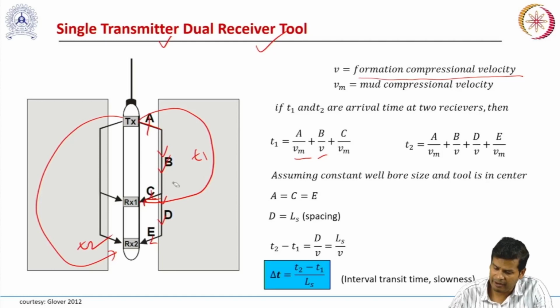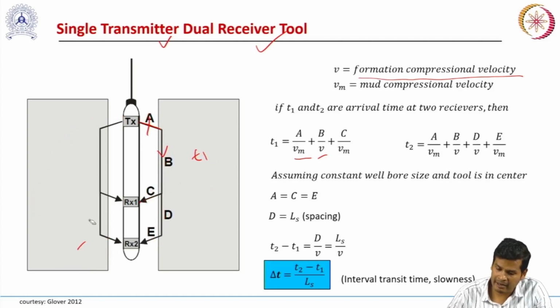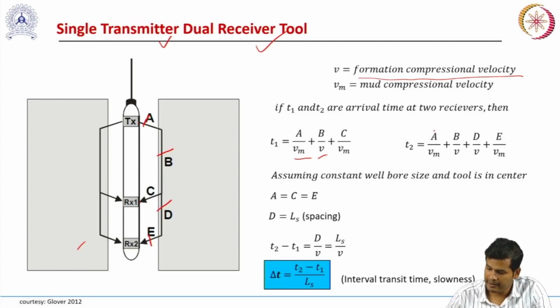Similarly for the second receiver the path will be a little bit longer. So again we travel inside the mud, then travel inside the formation, and then again inside the wellbore fluid or the mud. So the travel time inside the wellbore fluid is A by Vm plus E by Vm, then the travel time inside the formation.